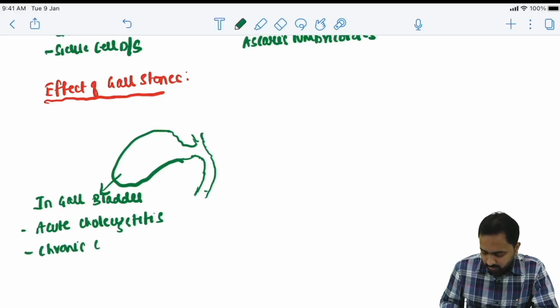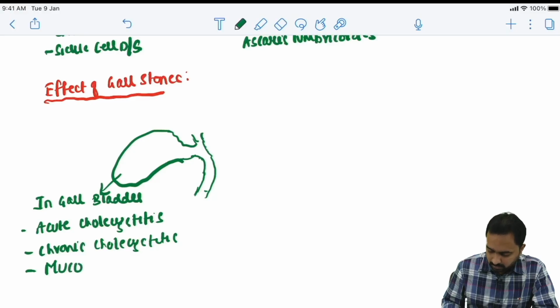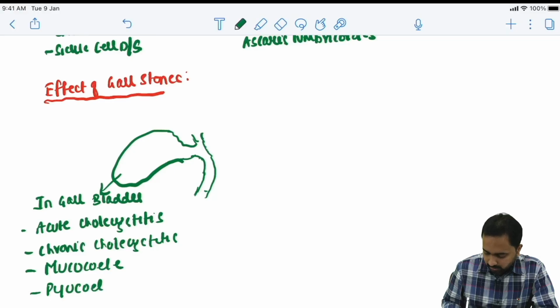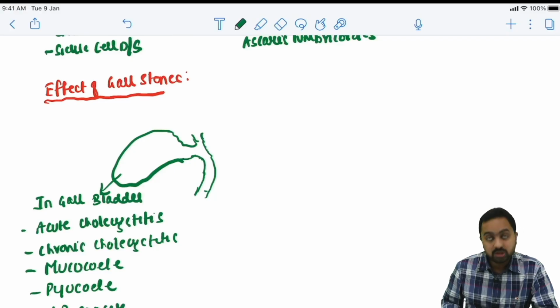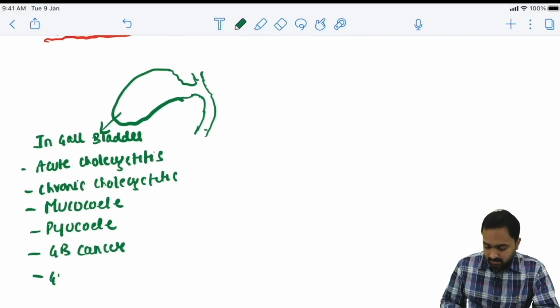It can cause chronic cholecystitis. It can cause mucocele. It can cause pyocele. It can cause GB cancer. It can cause GB perforation.